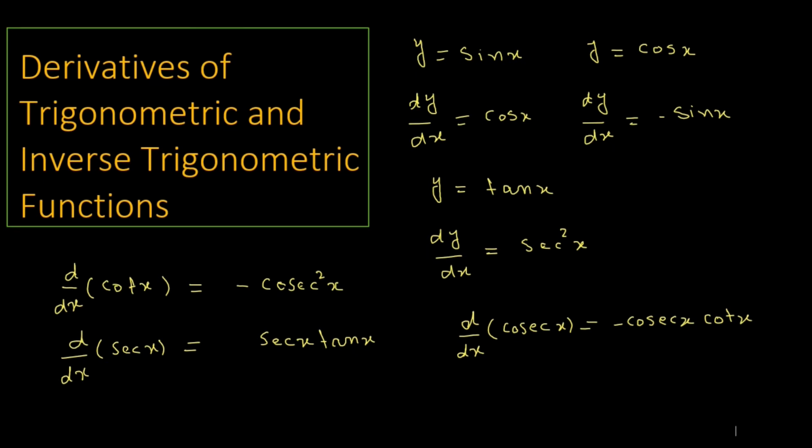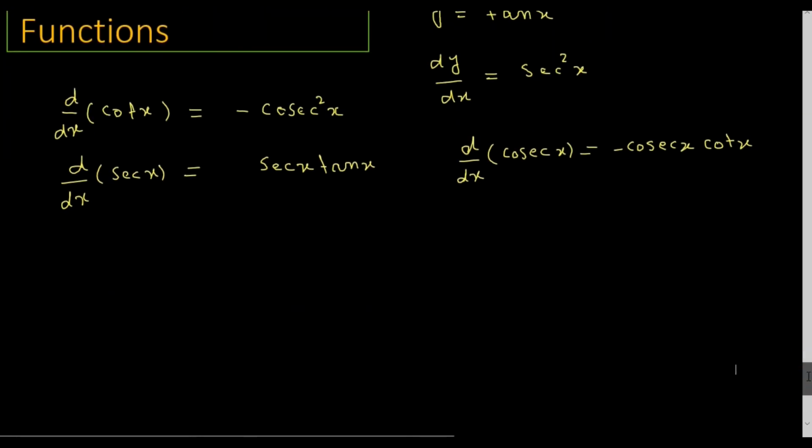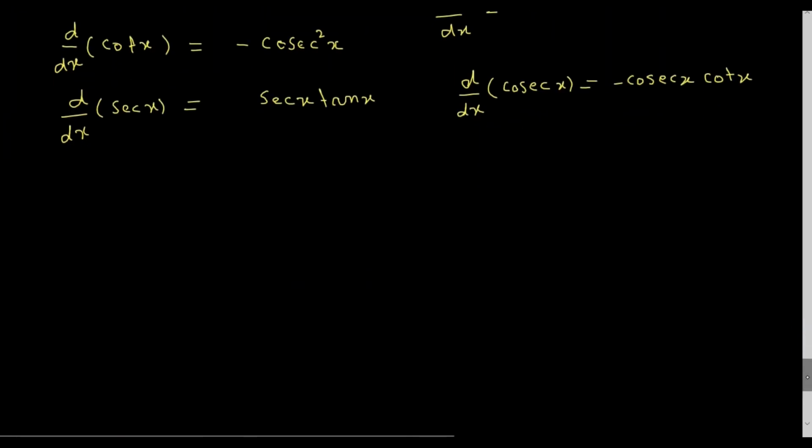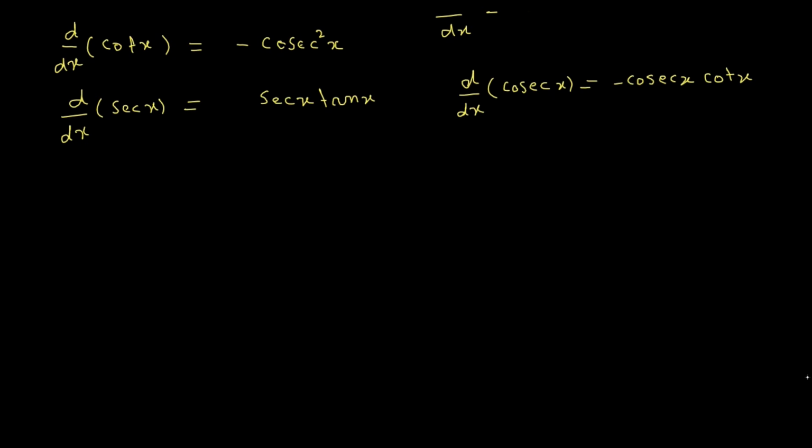The inverse trigonometric formulas are these. The derivative d by dx of sine inverse x is equal to 1 over the square root of 1 minus x square.